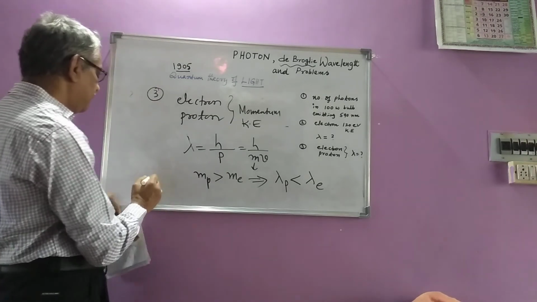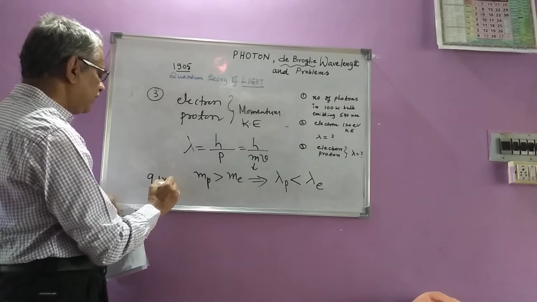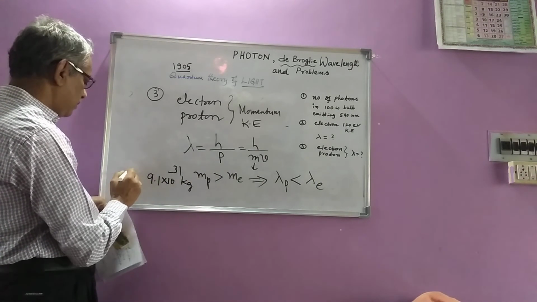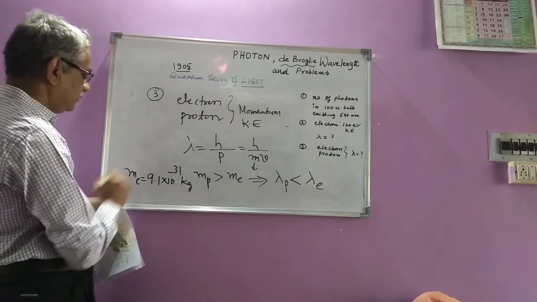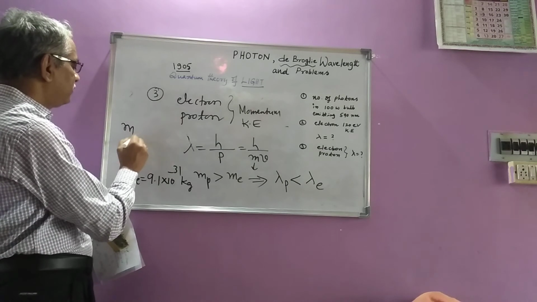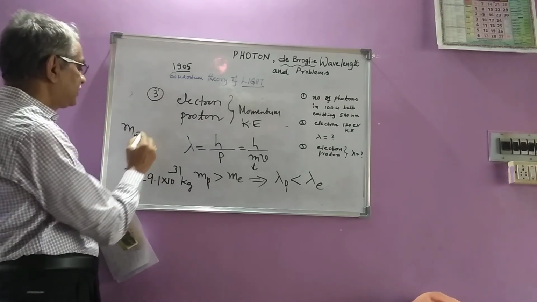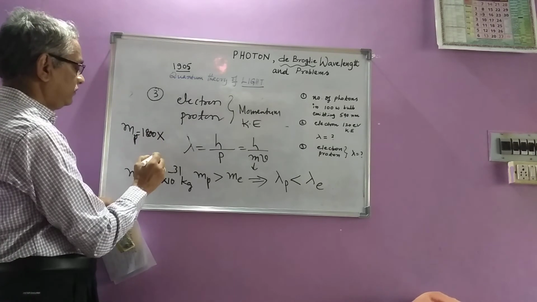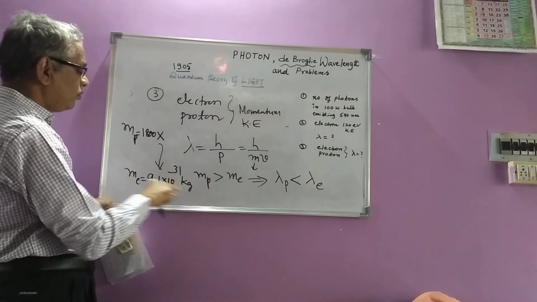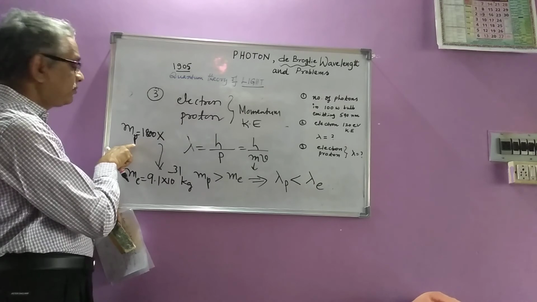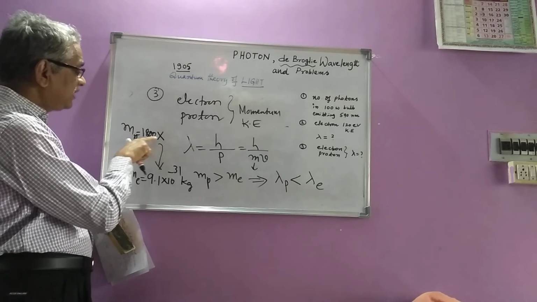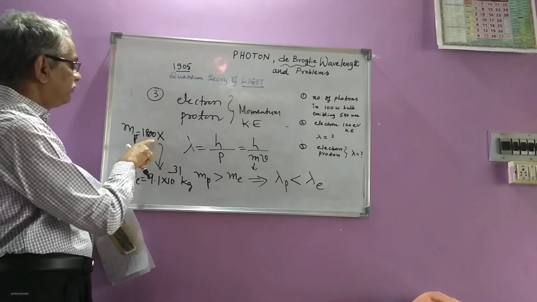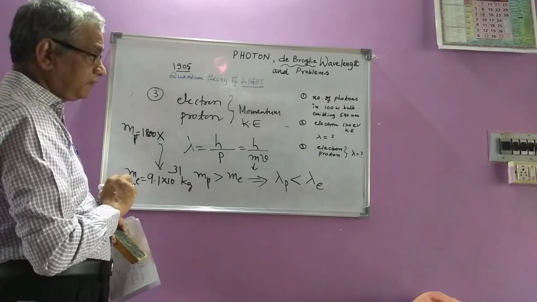So the mass of the electron is 9.1 10 to the power of minus 31 kg. Proton mass, you should also remember this conversion factor, will be 1800 times more than this. So proton mass will be 1800 multiplied by 9.1 10 to the power of minus 31. You write here, you get the proton mass.